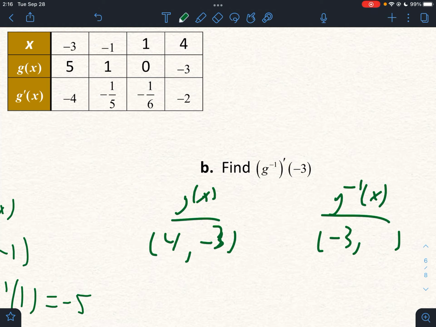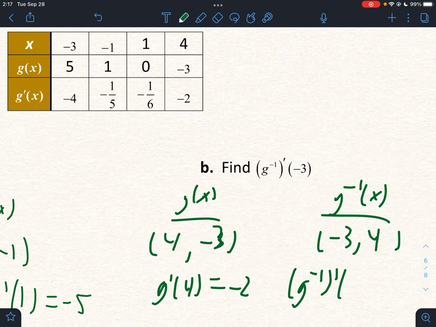That would be where x is 4. So that means the y coordinate over here is 4. So we want to know what is g prime of 4. G prime of 4 would be negative 2. So then g inverse prime of negative 3 would be the reciprocal of that, or negative 1/2.